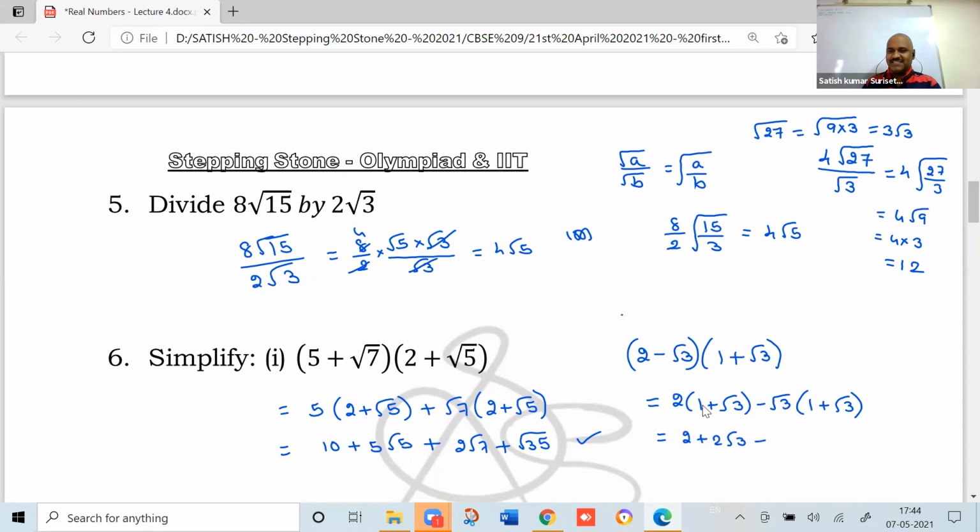Next step, and minus root 3 plus 3. No, minus 3. Minus 3 here, because root 3 into root 3 is 3 and minus into plus becomes minus. Now here 2 minus 3 minus 1, plus 2 root 3 minus root 3. So it is plus root 3. Okay. So you have to be very careful in the simplifications.